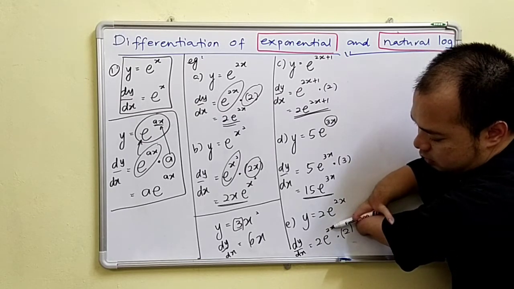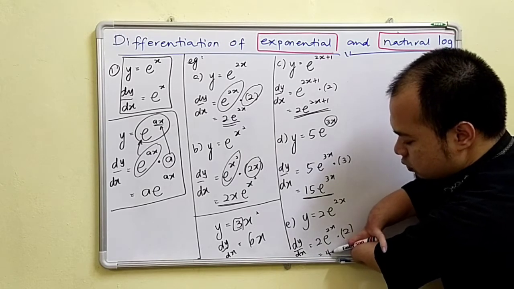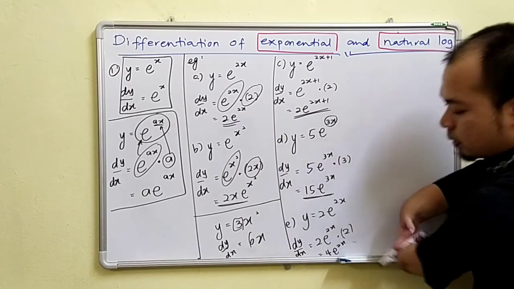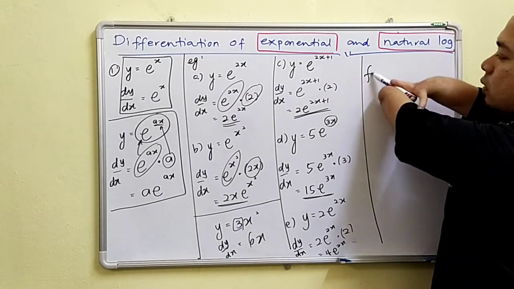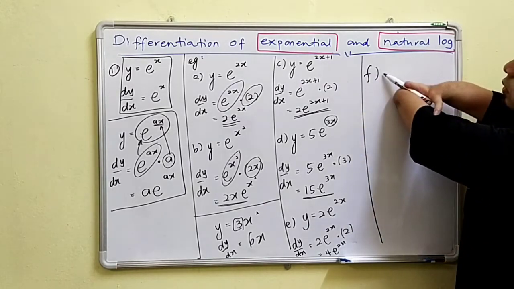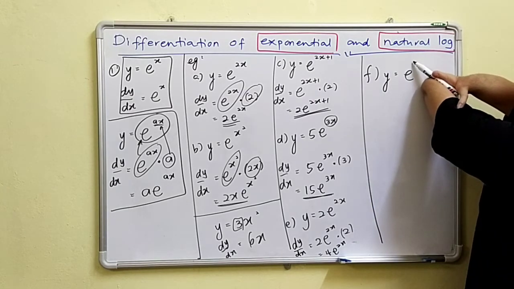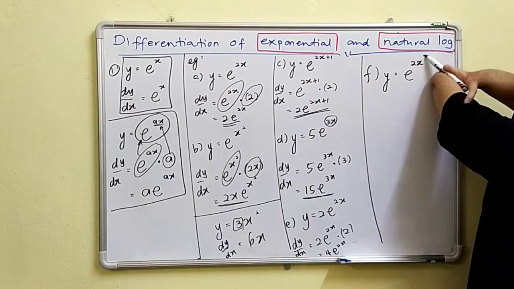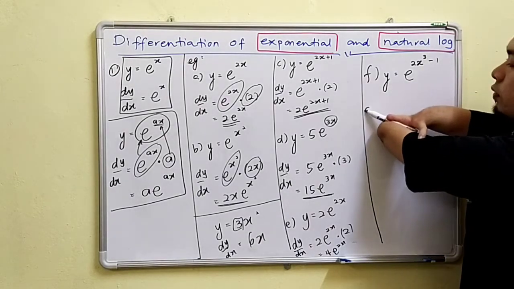Differentiate the power. So it becomes 2 times 2, so 4e to the 2x. Another example: what if we have y is equal to exponential of 2x to the power 3 minus 1? How to find dy over dx?